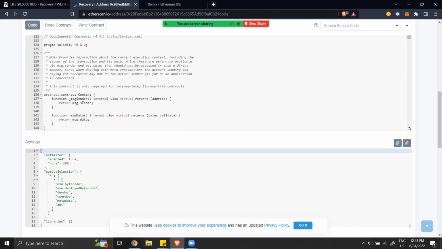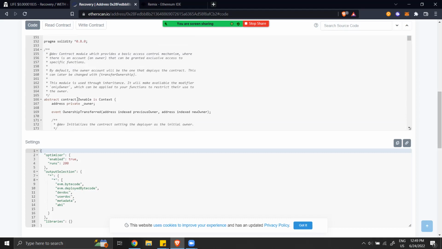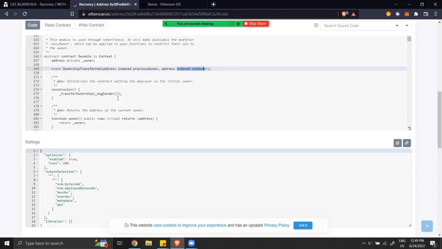Context, so a way to handle what was sent by the transaction emitter and who he is. Ownable is a way to store an owner of the contract, and then you can limit the actions possible to modify the contract only to the owner, and the owner can transfer his ownership to another person.